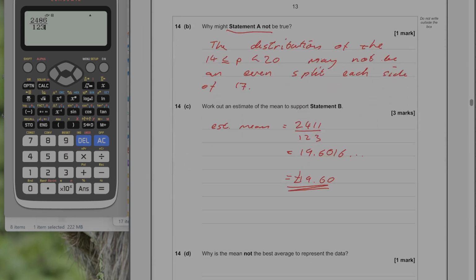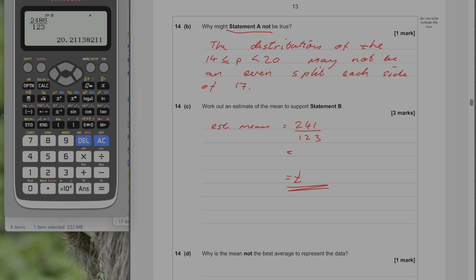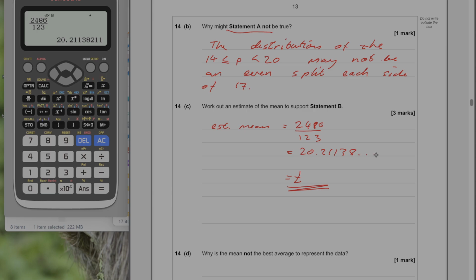So 2486, I should have had 20.21138 dot, so £20.21.